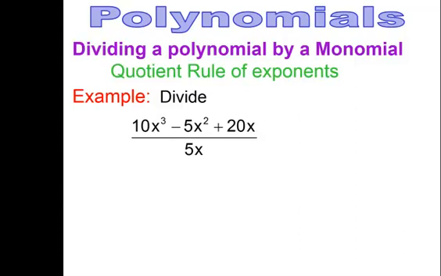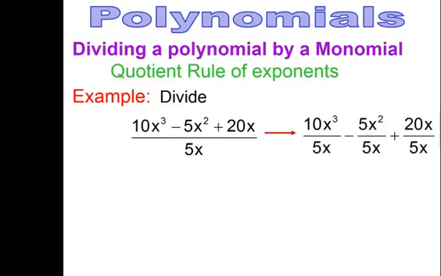When you have a polynomial being divided by a monomial, I like to separate it into 3 separate problems and simplify piece by piece, because that 5x is going into the entire polynomial. So you want to make sure that you're simplifying each piece by what it's being divided by. When you separate it, you can see what needs to be simplified.